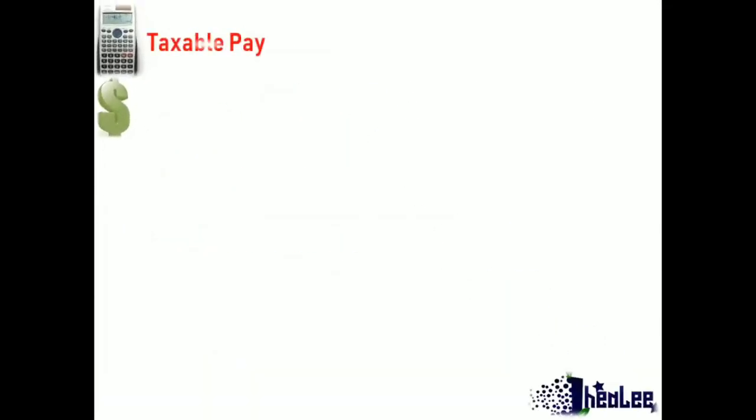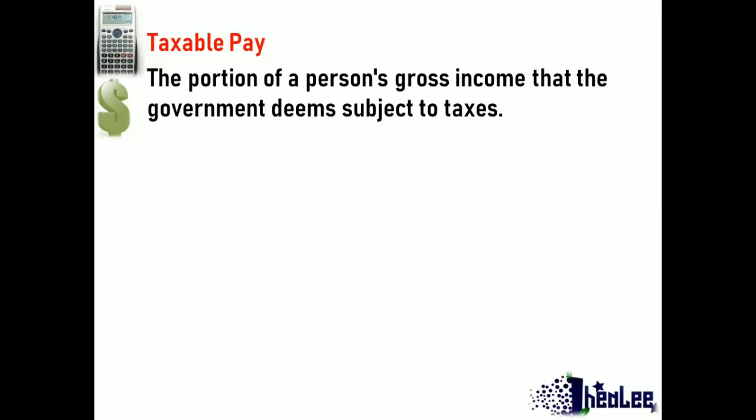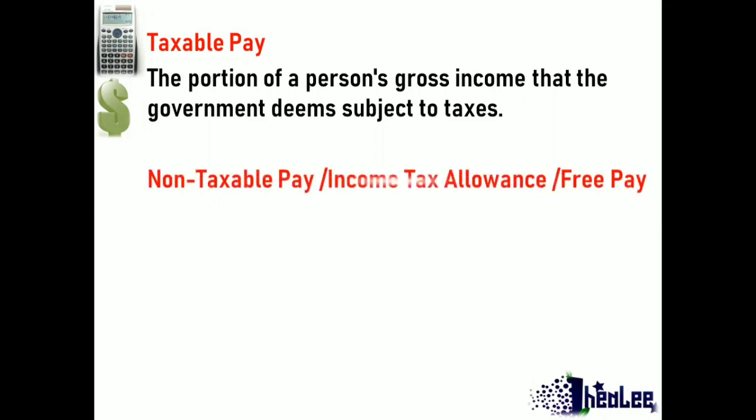So we're going to look at taxable pay. Taxable pay, and look out for this in your exam. Taxable pay is a portion of a person's gross income that the government deems subject to taxes. So this is what you must pay tax on, your income tax for example, right? So that is referred to as taxable pay. And of course, we have non-taxable pay, which is also referred to as income tax allowance or free pay.